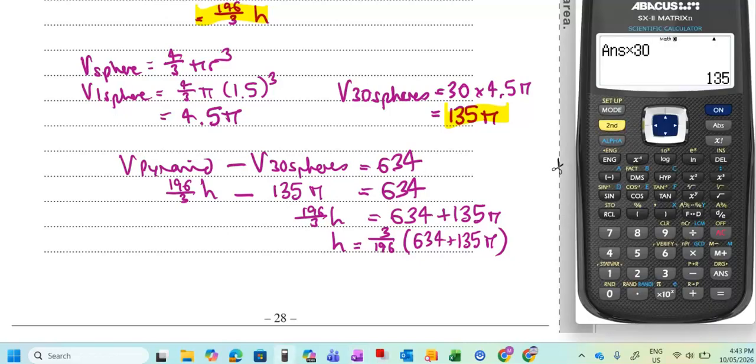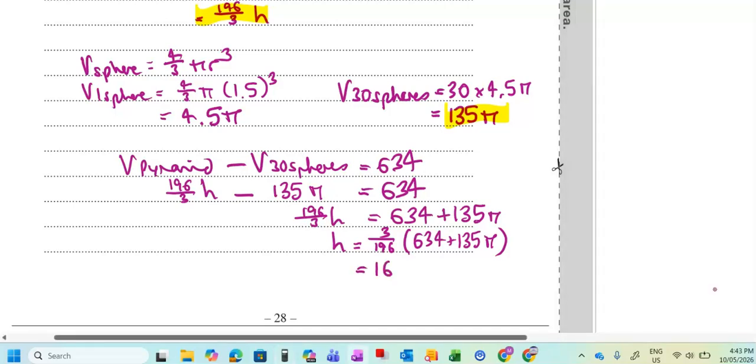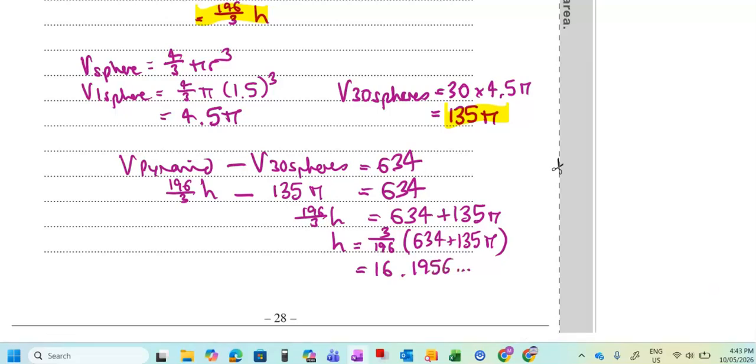So I can go ahead and calculate all that now. 3 over 196 multiplied by, open bracket, 634 plus 135 lots of pi, close bracket. I get 16.1956, and so on. And I need to do it just to the nearest centimetre, so it's approximately 16 centimetres, and that's my answer.